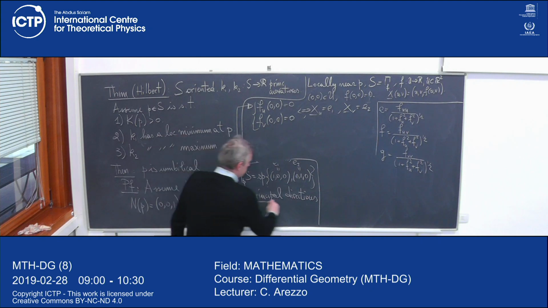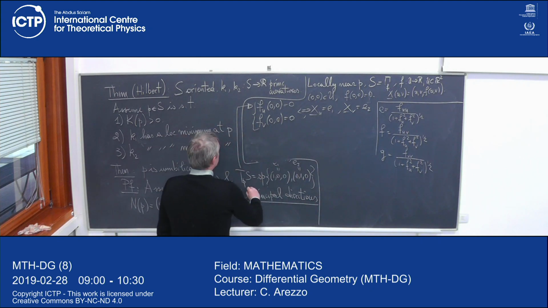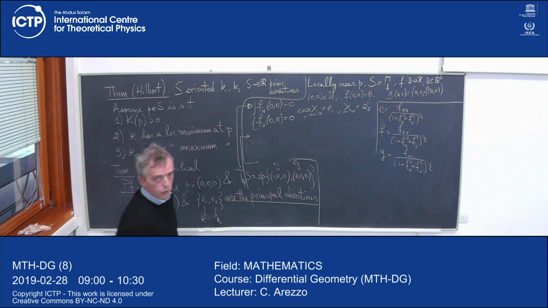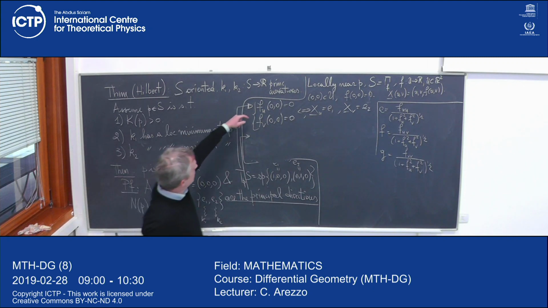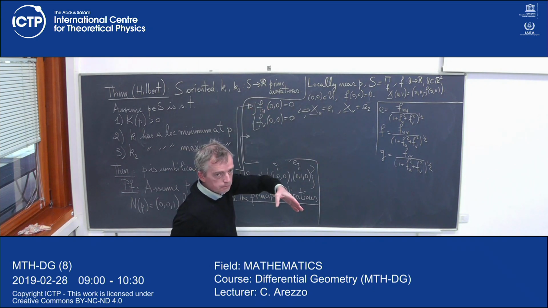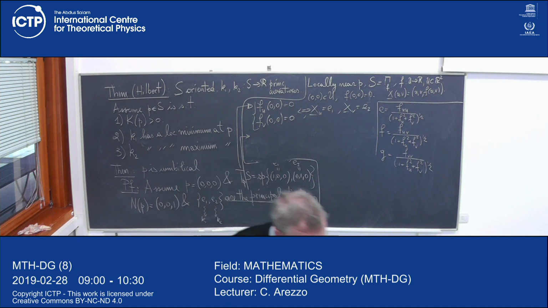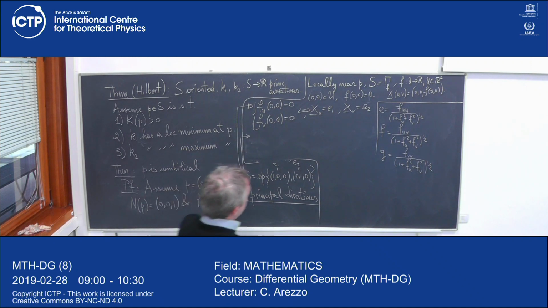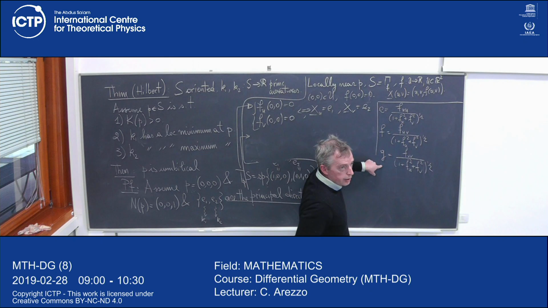Okay? So how do I phrase this condition in terms of f? This is equivalent to what? I decided that the uv coordinates are actually giving me the eigenvectors. So if I write the second fundamental form in these coordinates, I must get the diagonal matrix. Do you agree with me? Very good. But on the other hand, the matrix is this one. So it has to be diagonal. So in particular, this is 0 at this point.